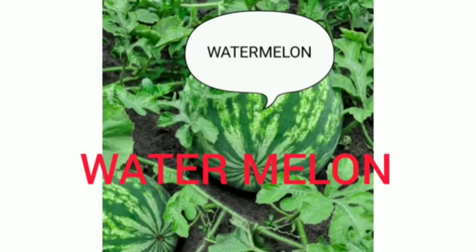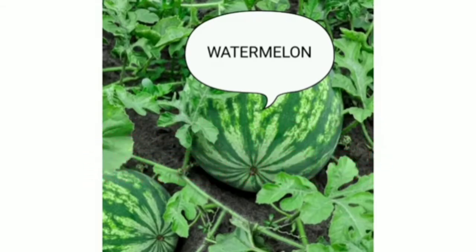Then watermelon, W-A-T-E-R, M-E-L-O-N, watermelon. These are creepers: pumpkin and watermelon. Then another example is bottle gourd, B-O-T-T-L-E, bottle, G-O-U-R-D, gourd. In Tamil we can say it's surakai. It is also a creeper.